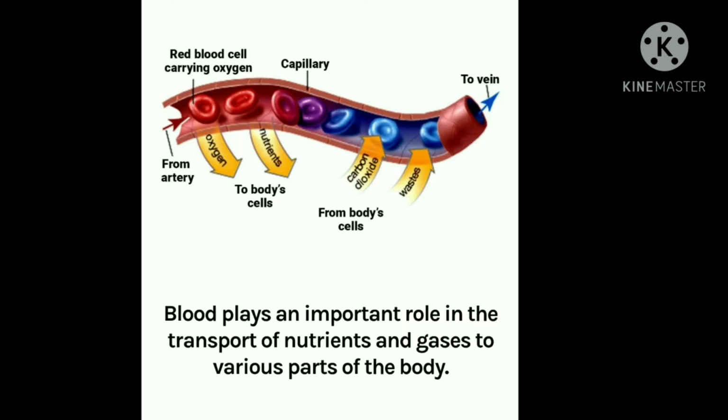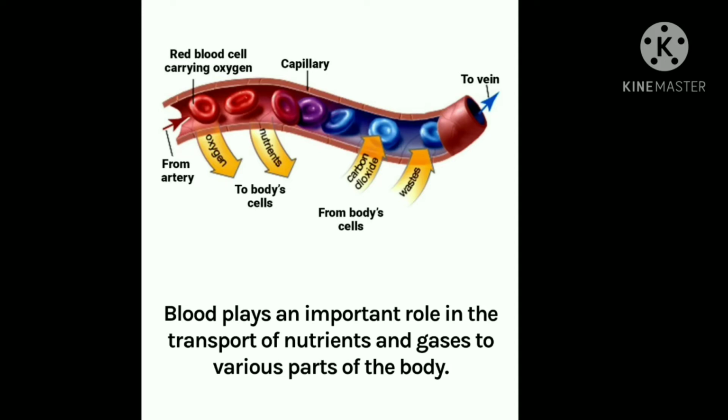In this cellular respiration, whatever carbon dioxide and waste material is created gets absorbed in the blood, which affects the red blood cells, because there is deoxygenation, or the concentration of carbon dioxide.